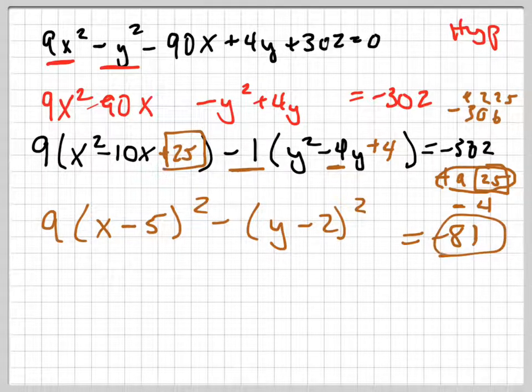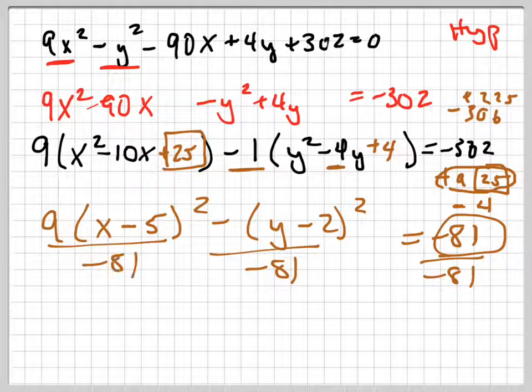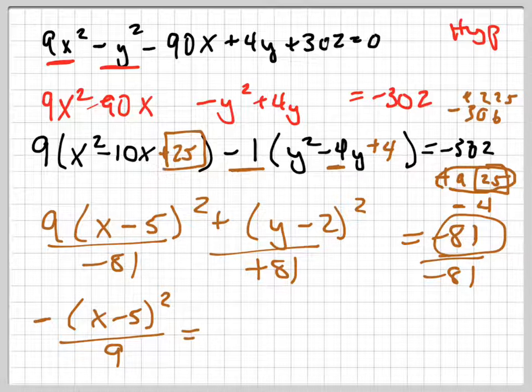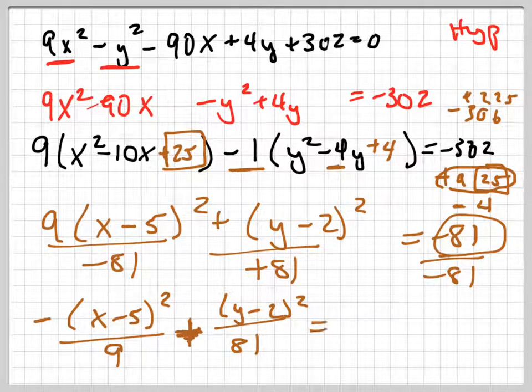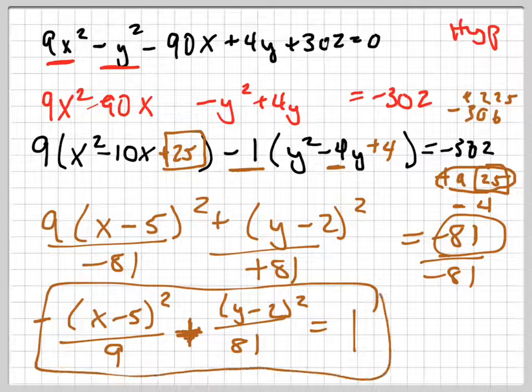Because when I divide by the -81, this now is going to become a negative (x minus 5) squared all over 9, and this is going to become a positive (y minus 2) squared, whoops, positive is right there, equals 1. So there's my equation in standard form.